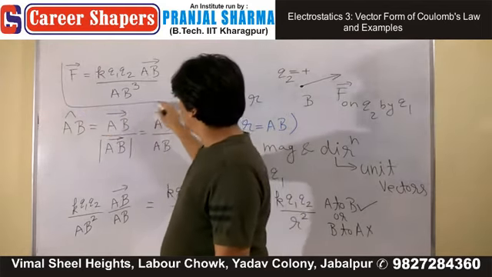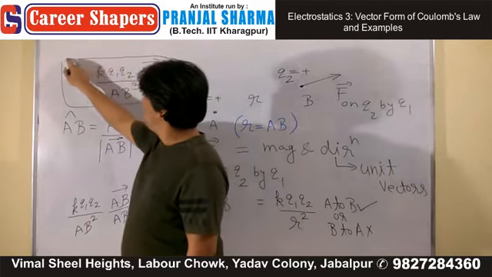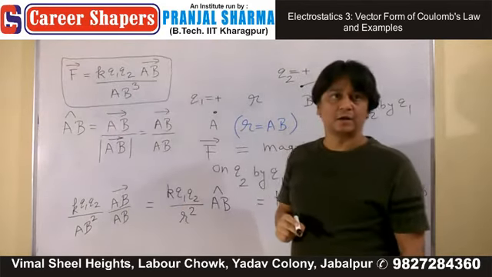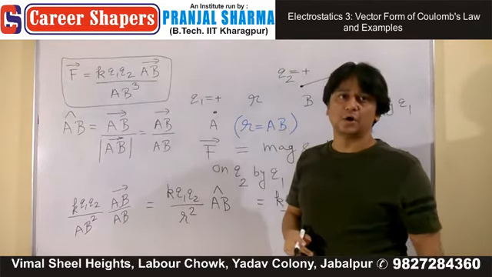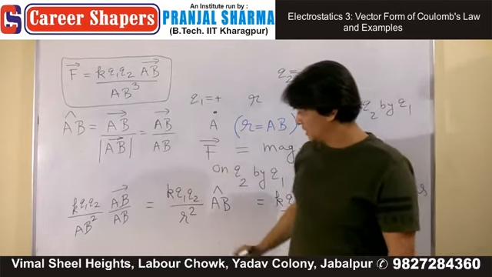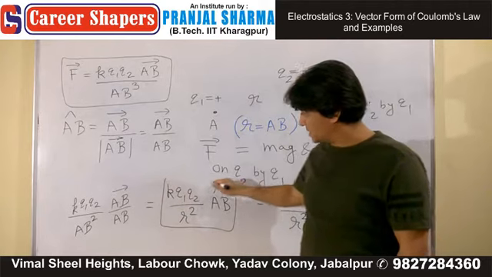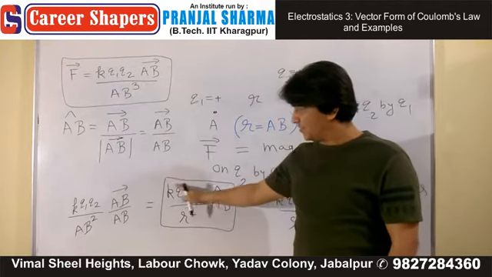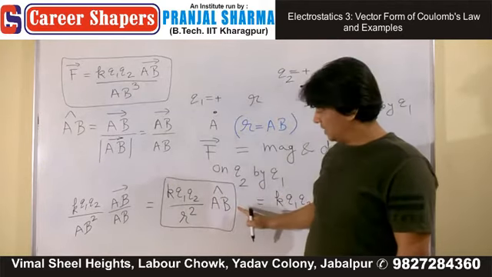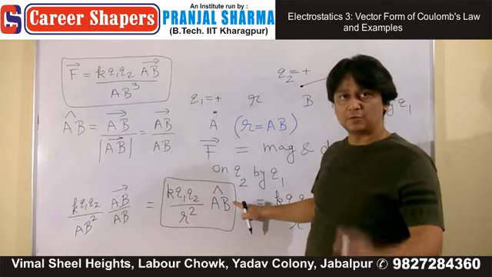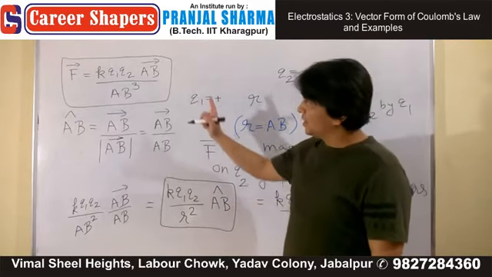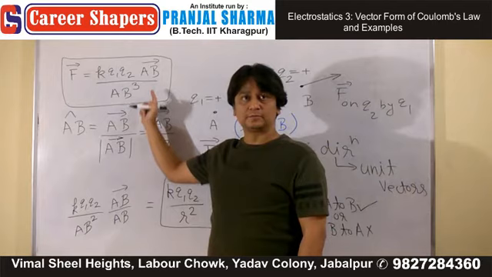This is one way of writing Coulomb's law in vector form. This version is also correct. We have shown the magnitude. We have shown the direction with the help of unit vector. So this is the complete form.